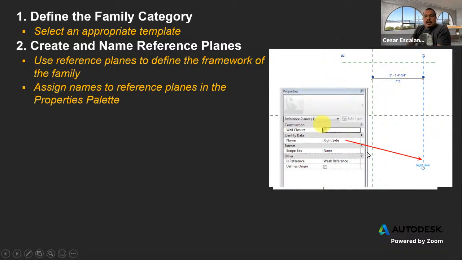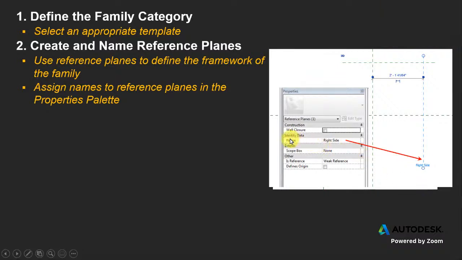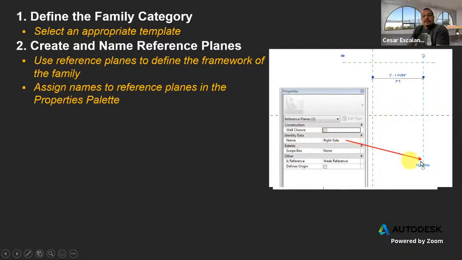Reference planes are displayed in projection. You won't see them in a 3D view, but it's very important that we name them. Reference planes have a list of predefined identities. You can choose which side it represents in the geometry.